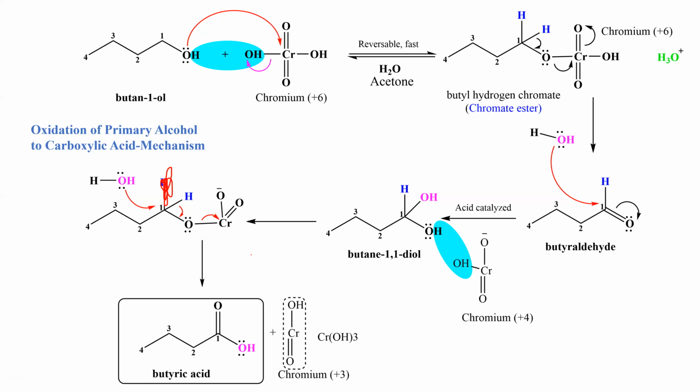So initially, when this is combining this side, this is abstracting, and a water molecule is eliminating from there, and this oxygen is combining with this chromium O negative and doubly bonded O, and then there is this initial hydrogen here, and now when the carbon-hydrogen bond is breaking, there is a double bond between the oxygen and the carbon, right?